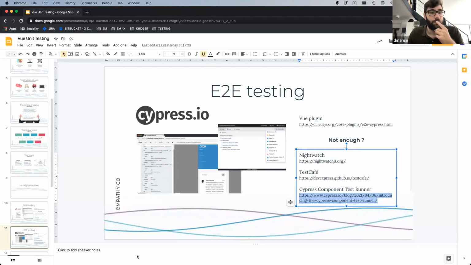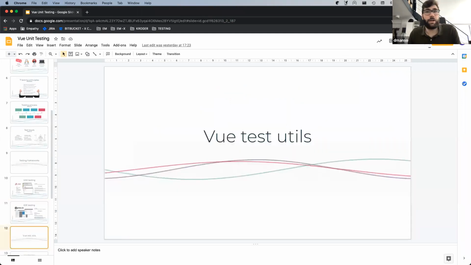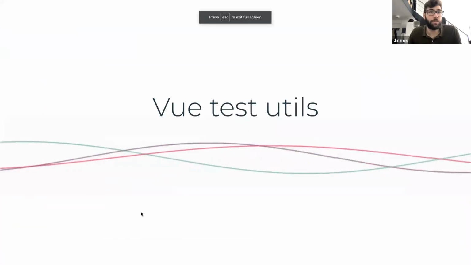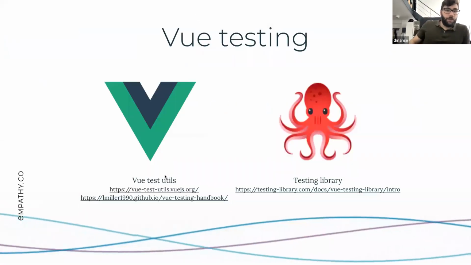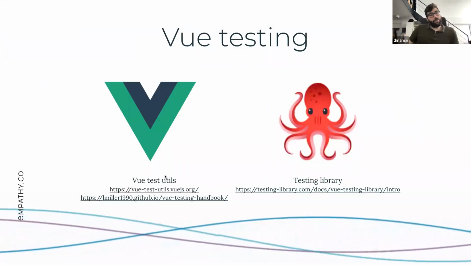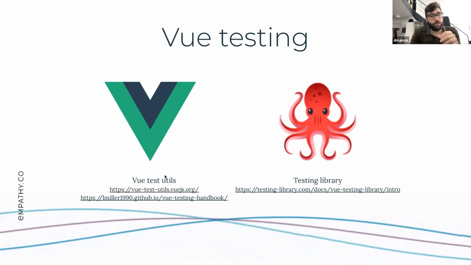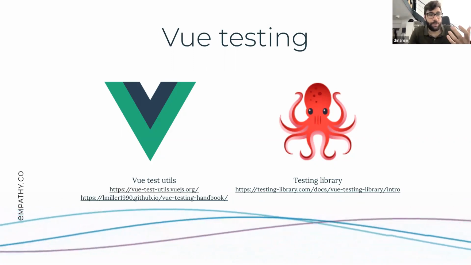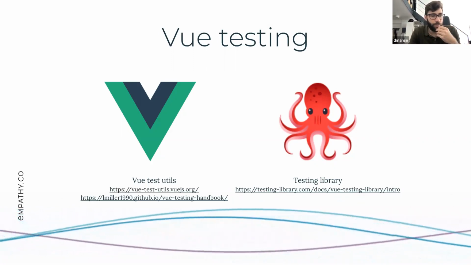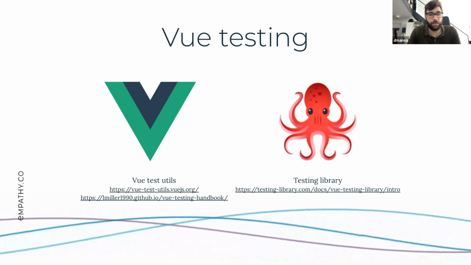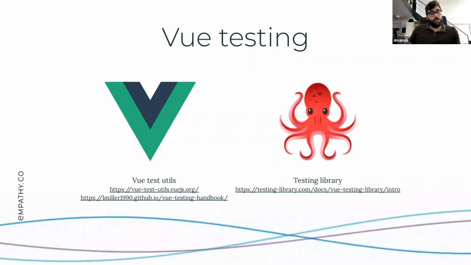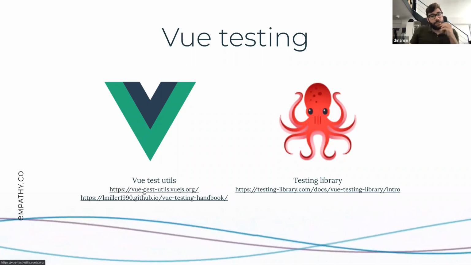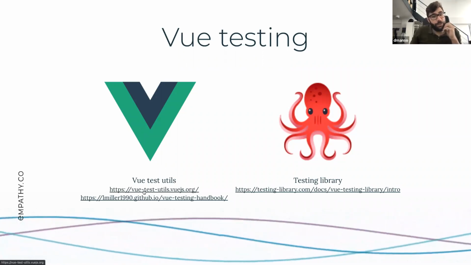Okay. So I'm going to talk about testing libraries. In order to test a Vue component, we need to mount it and get access to its specific features, to its own instance, and to the plugins like Vuex or the router. Vue Test Utils is the official testing library for Vue.js.